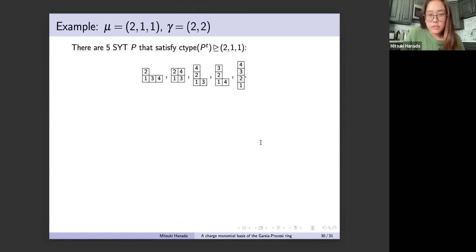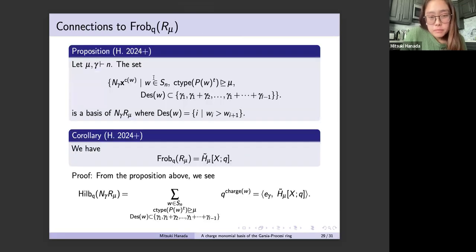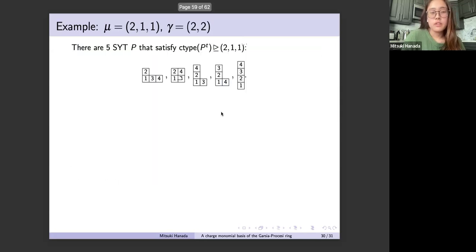The other nice thing about this construction is it literally just boils down to looking at tableaux. So for this case, let's consider mu being 2, 1, 1 and gamma being 2, 2. If we go back to what we want, our insertion tableau should satisfy catabolizability type greater than mu. In this case, there are 5 p that satisfy p transpose greater than 2, 1, 1.